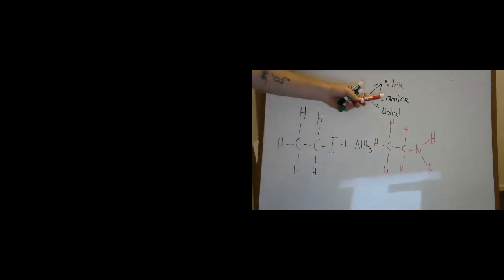So instead of the iodine being there, the NH3 reacts with it, kicks the iodine off, so then we end up with an amine. So we've kicked off our iodine. Now we have NH2. So that's how we go from haloalkane to an amine.